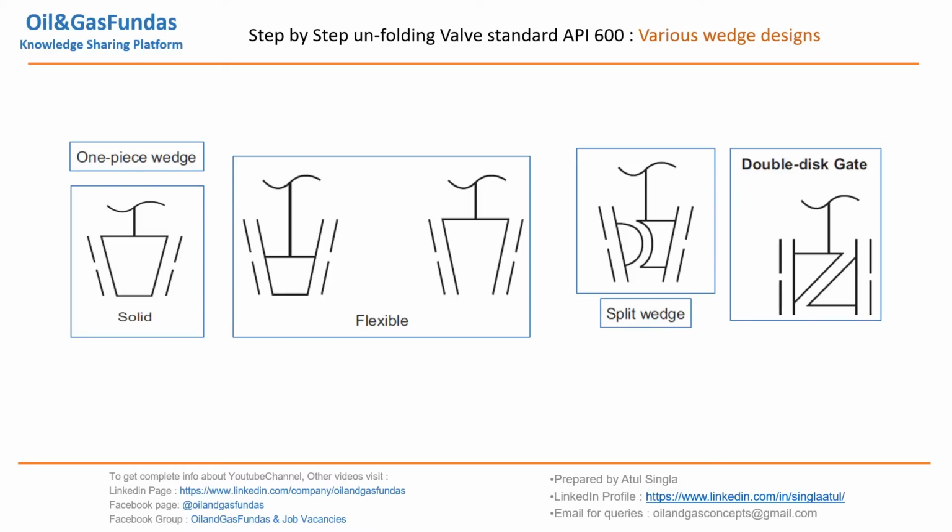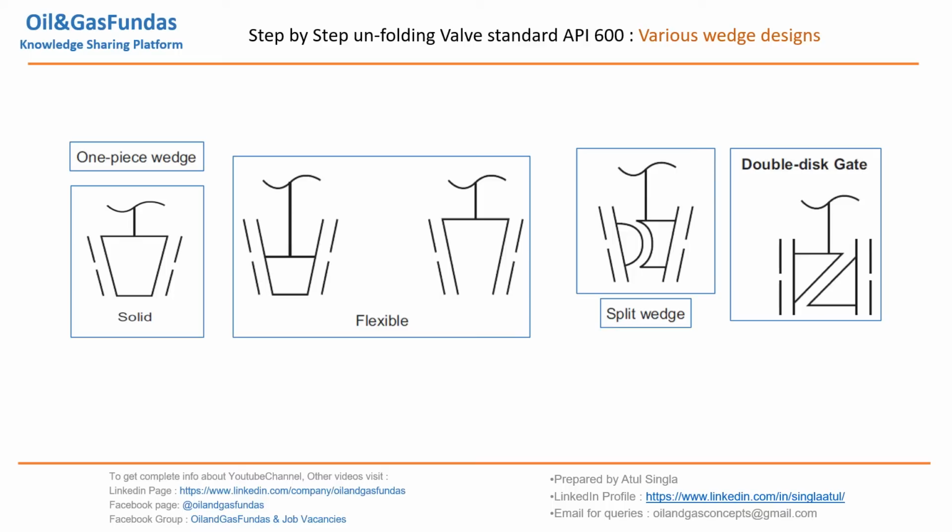If you see, we have various types of wedge designs. This is also mentioned in API 600, that we can go for this kind of arrangement. If you see, this is a single piece solid wedge, this is flexible type, this is split type, and double disc gate. Now each and every type of wedge has its own importance.